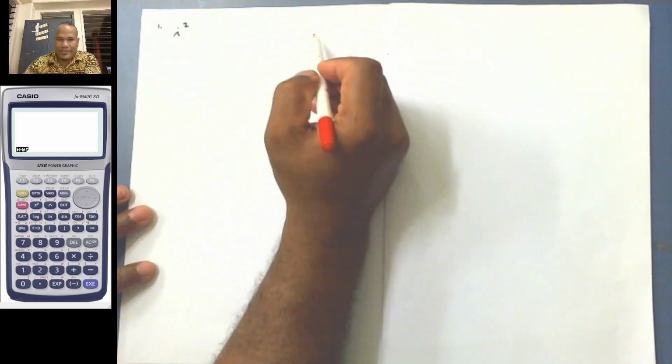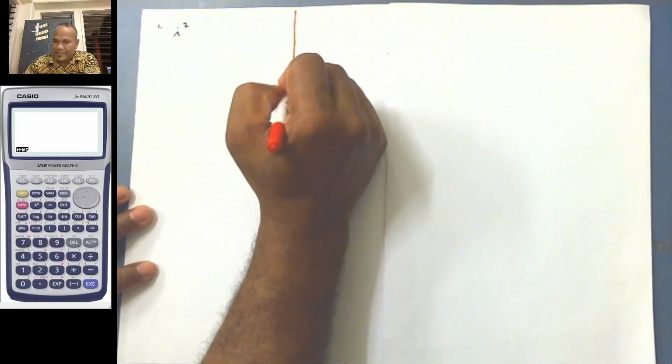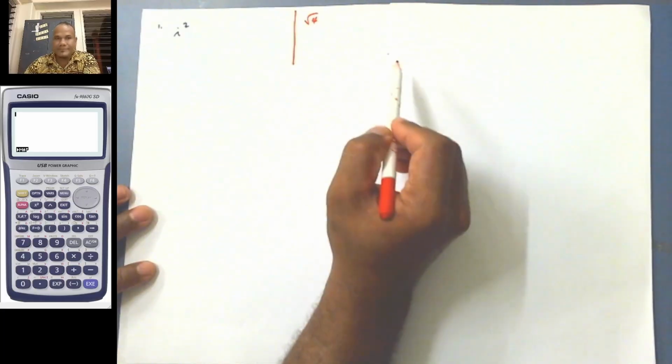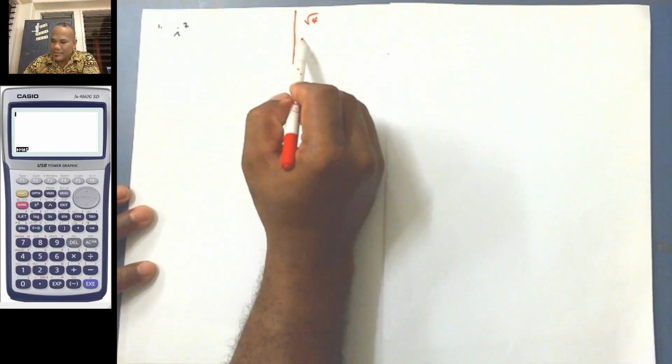Now, for complex numbers, in your lower level mathematics, we say that the square root of 4 is equal to 2.